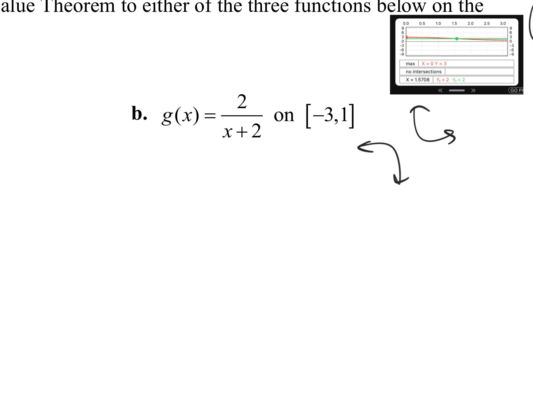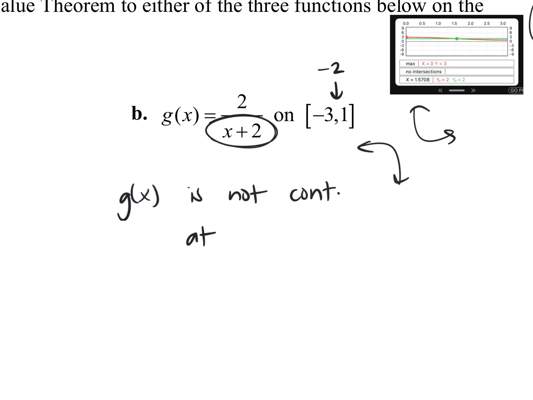Somewhere at negative 2, because this denominator, if I set that equal to 0, that's where my vertical asymptote is, right? So it is not going to be continuous at that point of x equals negative 2. Is negative 2 in my interval? Yes. So therefore, we cannot use the mean value theorem because g of x is not continuous at x equals negative 2.